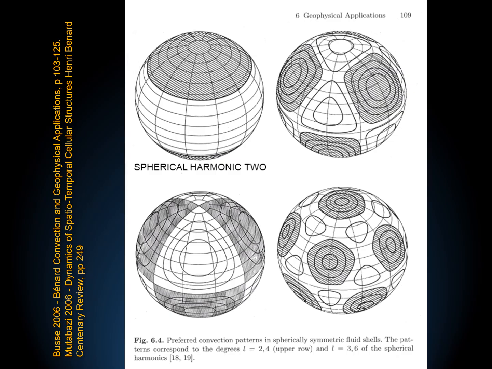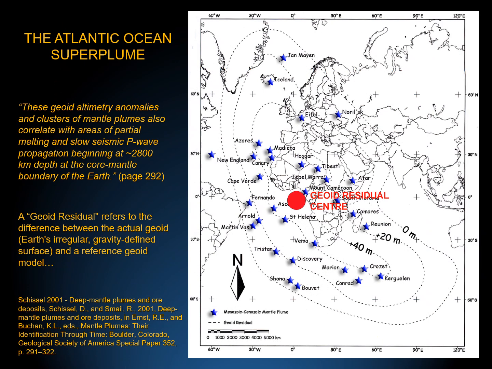The upper left-hand image represents spherical harmonic 2. Shishkel and Smale 2001 presents substantial evidence through geoid residual altimetry anomalies in the Earth representing spherical harmonic 2.